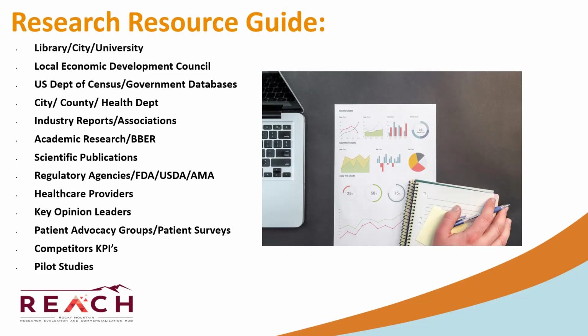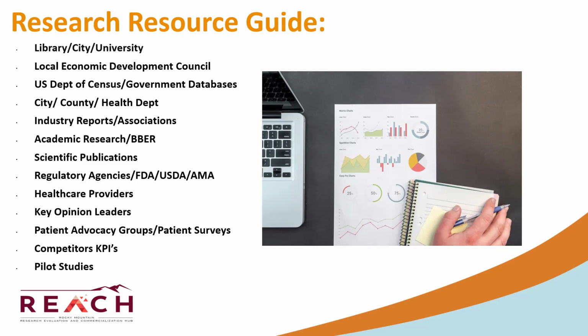Industry reports and industry associations, academic research. At the University of Montana, we have the Bureau of Business and Economic Research. They have databases and reports and statistics for the state of Montana. Likely your state has something very similar through one of your land grant or flagship universities.